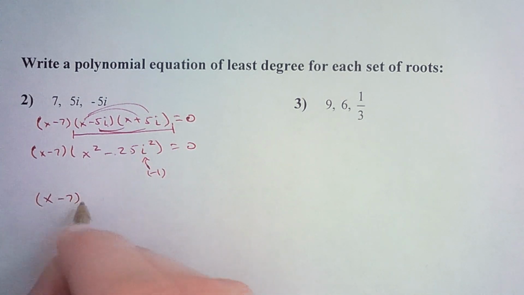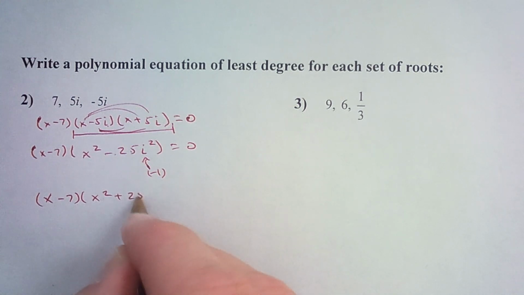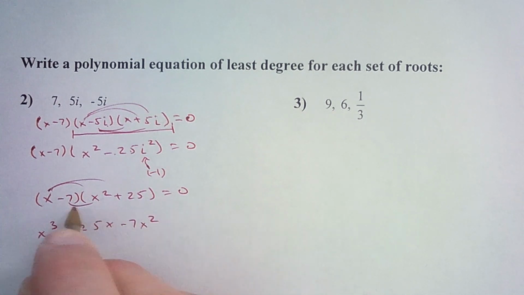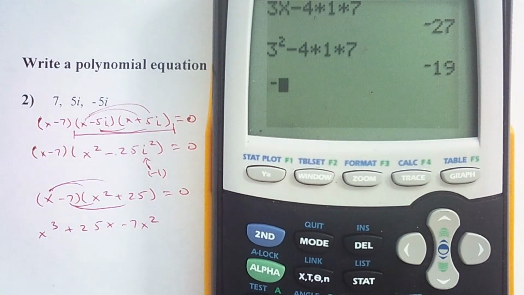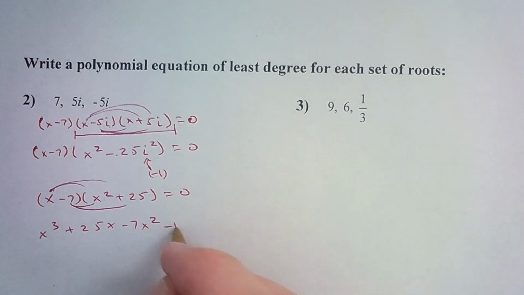So I have x minus 7 times x squared plus 25 equals 0. And I can distribute this. So I have x cubed plus 25x minus 7x squared, and then negative 7 times 25 is negative 175.